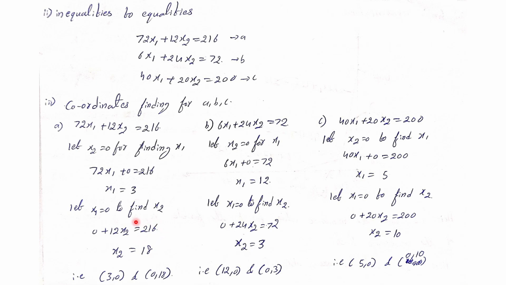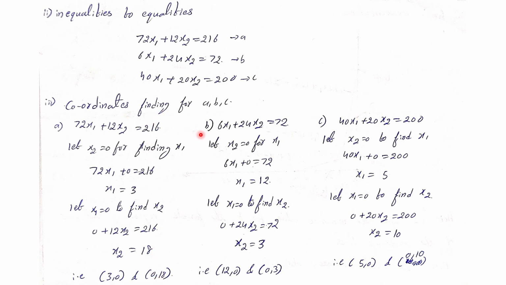By solving it, you get x2 equals 18. Here you get two coordinates for equation A: when x2 is 0, x1 is 3, so the coordinate is 3 comma 0, and when x1 is 0, x2 is 18, so the second coordinate is 0 comma 18.